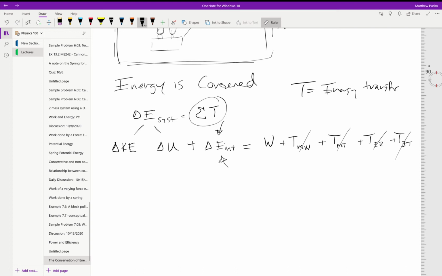So what we're going to do is first say that the total mechanical energy is equal to whatever the kinetic energy is for the system plus the potential energy.